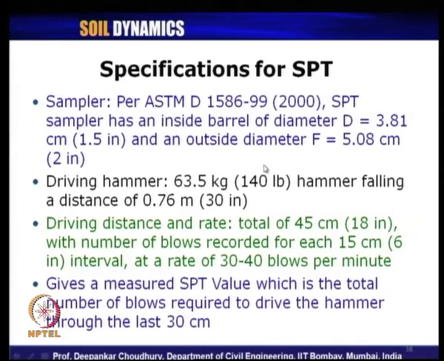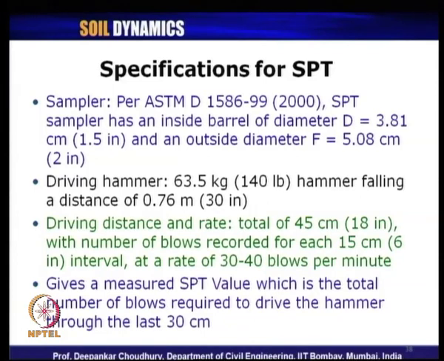Why? Because we keep the area ratio of the sampler at a minimum, so that the disturbance to the soil sample collected in the sampler is minimum. You remember these things from your basic soil mechanics courses.